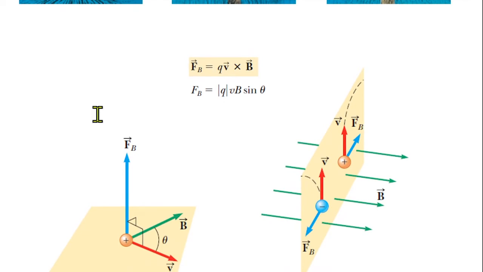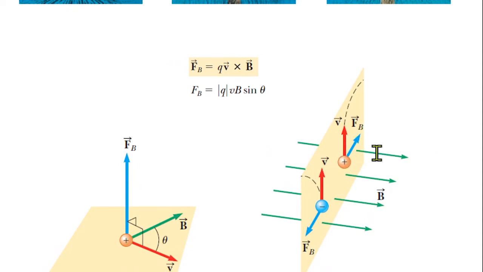So if it moves fast, let's just pick it apart. It's a cross product, and there's a reason why it's a cross product. Let's think about that a little bit. Here's a little diagram, a positive charge. If the direction of the velocity is upward, and the magnetic field is that way, then the force is in that direction.